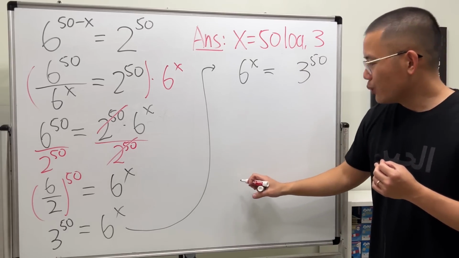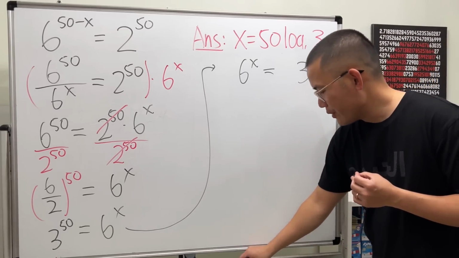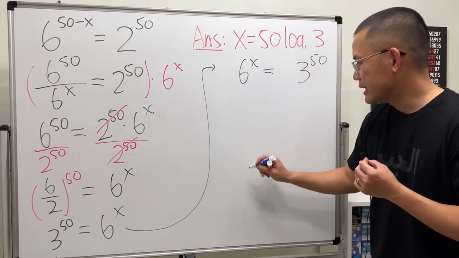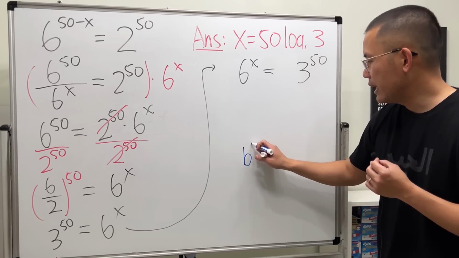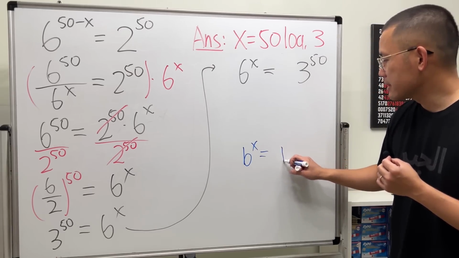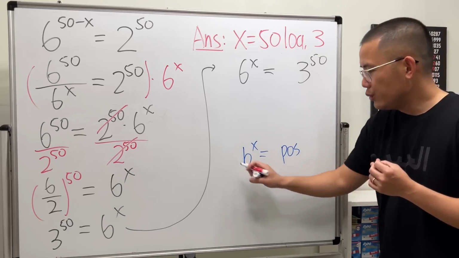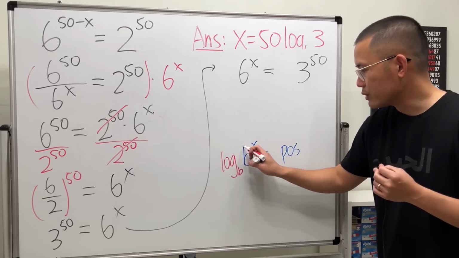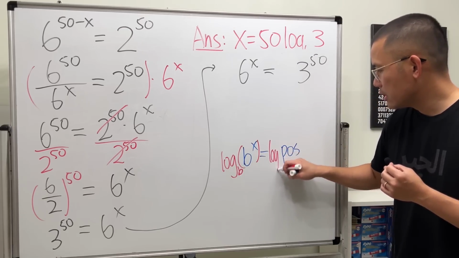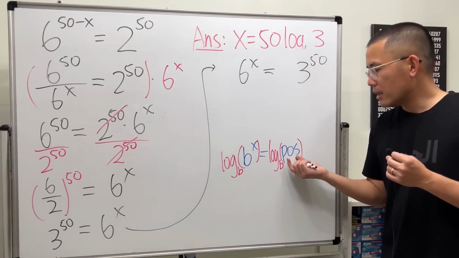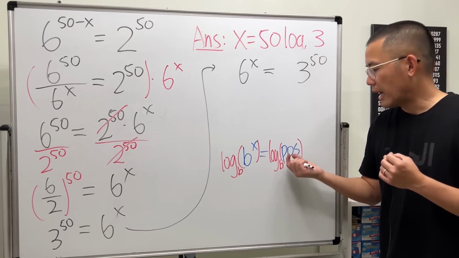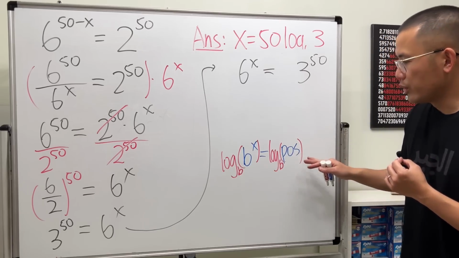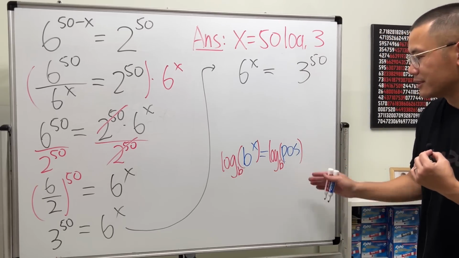Now, what you want to do is, whenever you have the exponential equation b to the x power equals some positive number, you are going to take the log with the same base b to both sides. And remember, the input for log has to be positive in order to stay in the real world, otherwise you get an unreal answer.